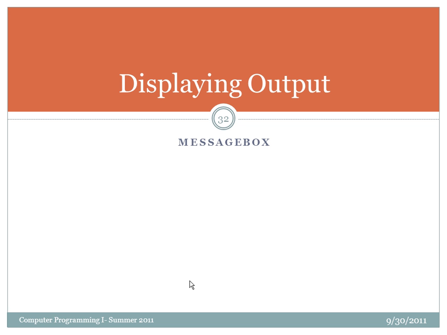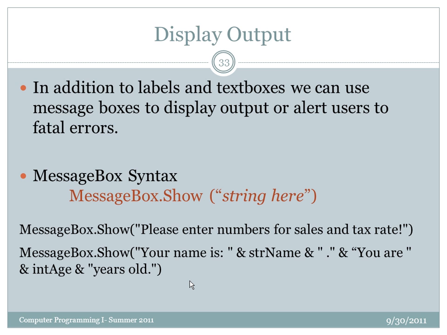So another way besides a label to display output is to use a message box. A message box is predefined by Visual Basic, and you can use it to display output or to alert users to a message. To do this, you're going to type messagebox.show and then open parentheses, open quotation mark, and you'll put your string in.